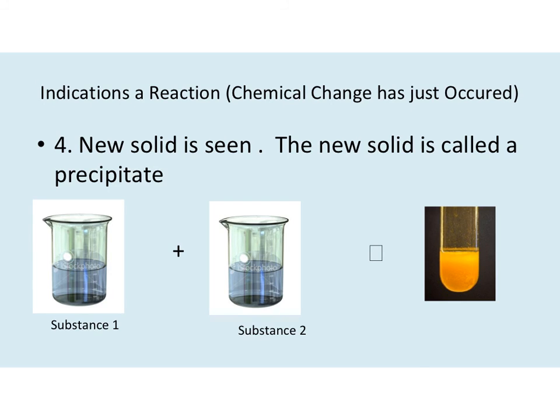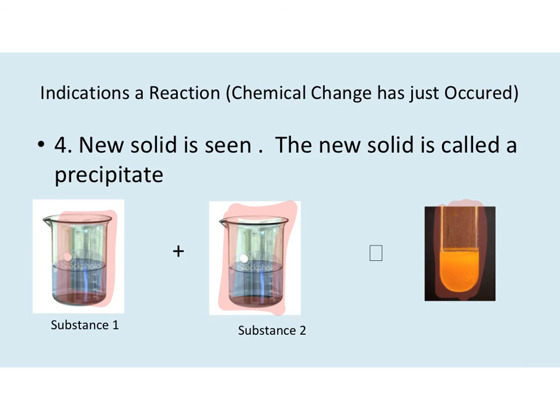A new solid is seen. Okay, so this one's a pretty easy one to understand. It's basically if you have two liquids. So if I have liquid 1, and then liquid 2, and then all of a sudden when I mix them together, I get this solid piece right here. And a solid would mean that all of a sudden it becomes solid or like a jello.